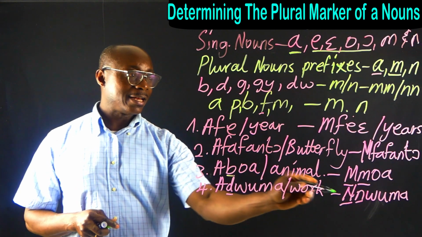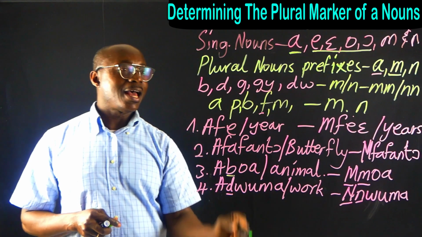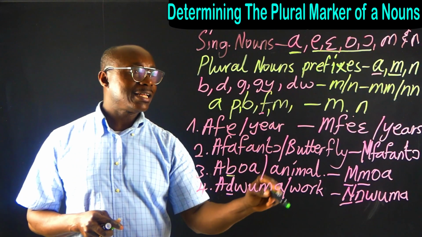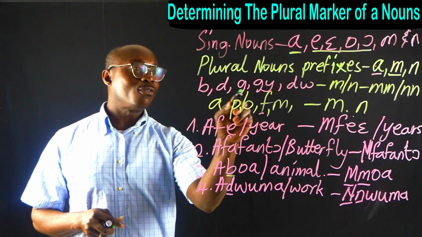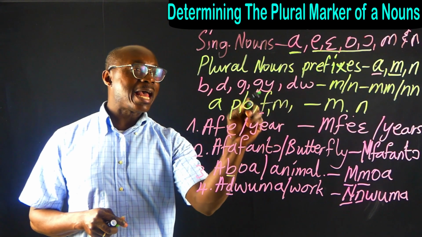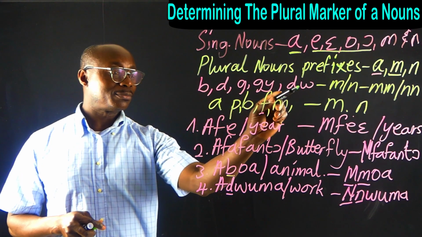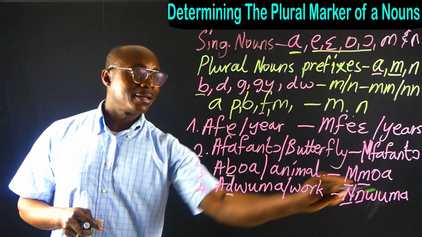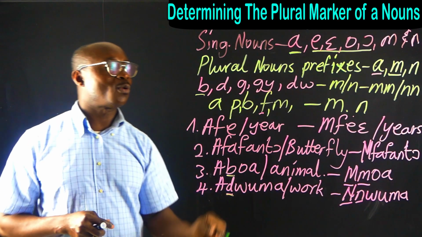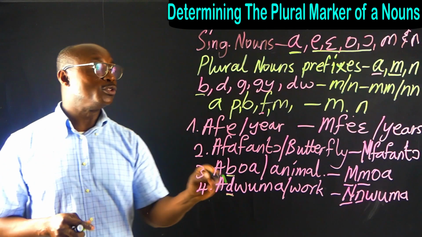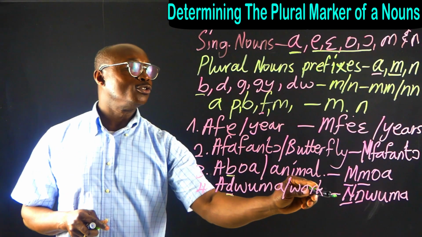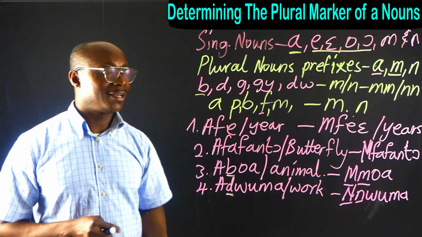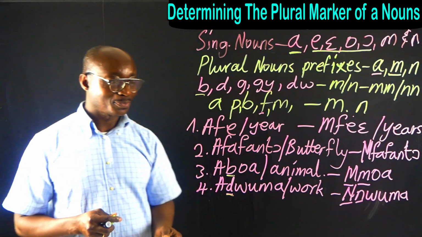N. Good. And we are saying that if that N is followed by any of these, then the N should be doubled. So it will be what? Nnwuma. That is works. Not njuma, but nnwuma.